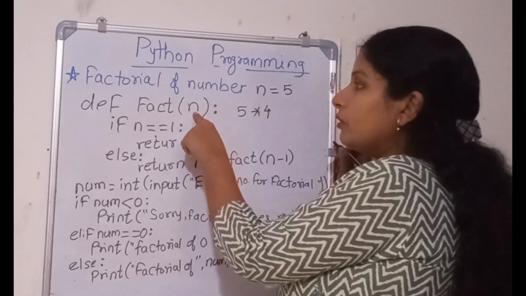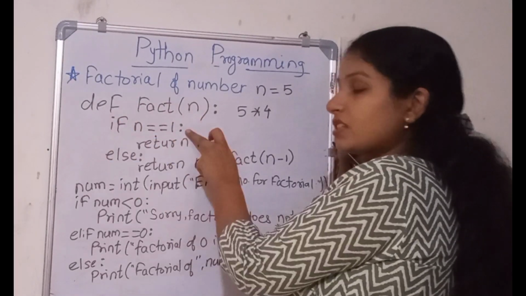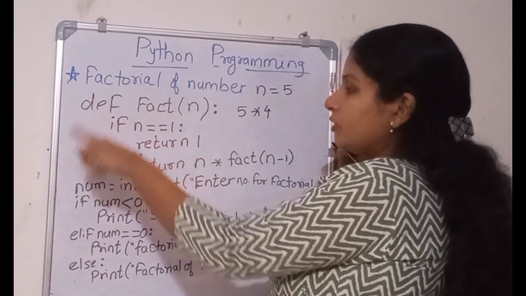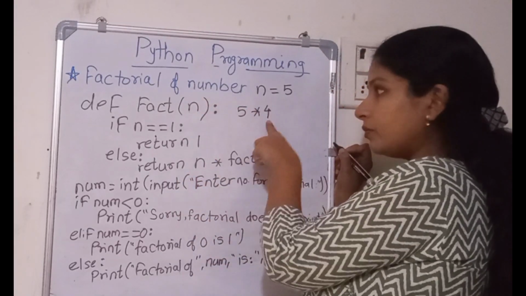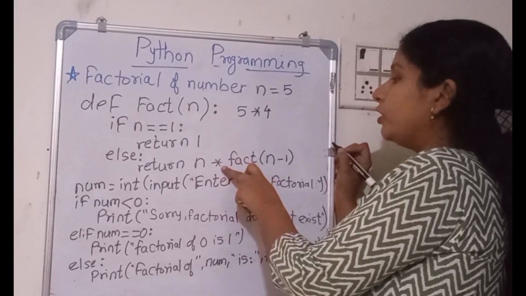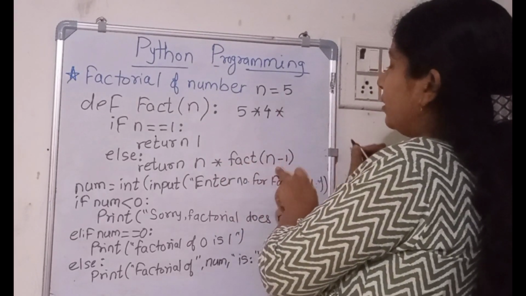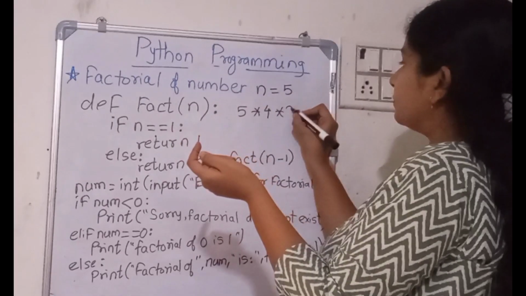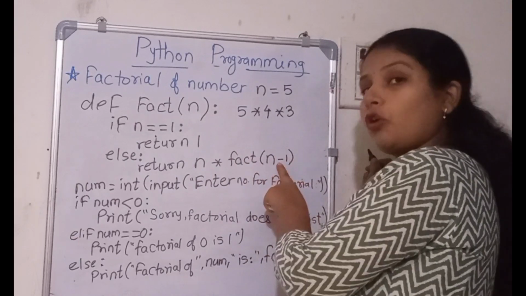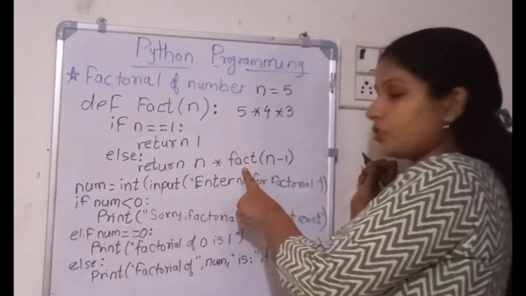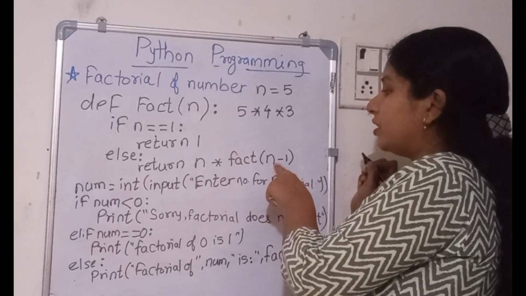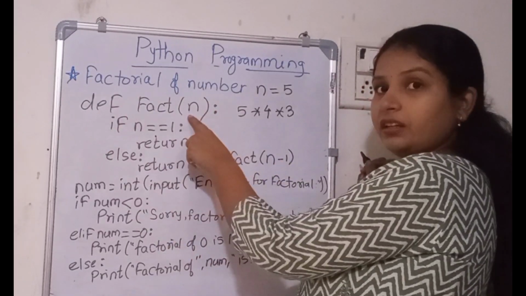Then 4 will be entered here. Is this condition true? No. You are going here. Then again n is your 4 and then into fact of n minus 1, which is 3. But again you are calling the function, you are not stopping here. That's why you need to call the function fact of n minus 1, 3.